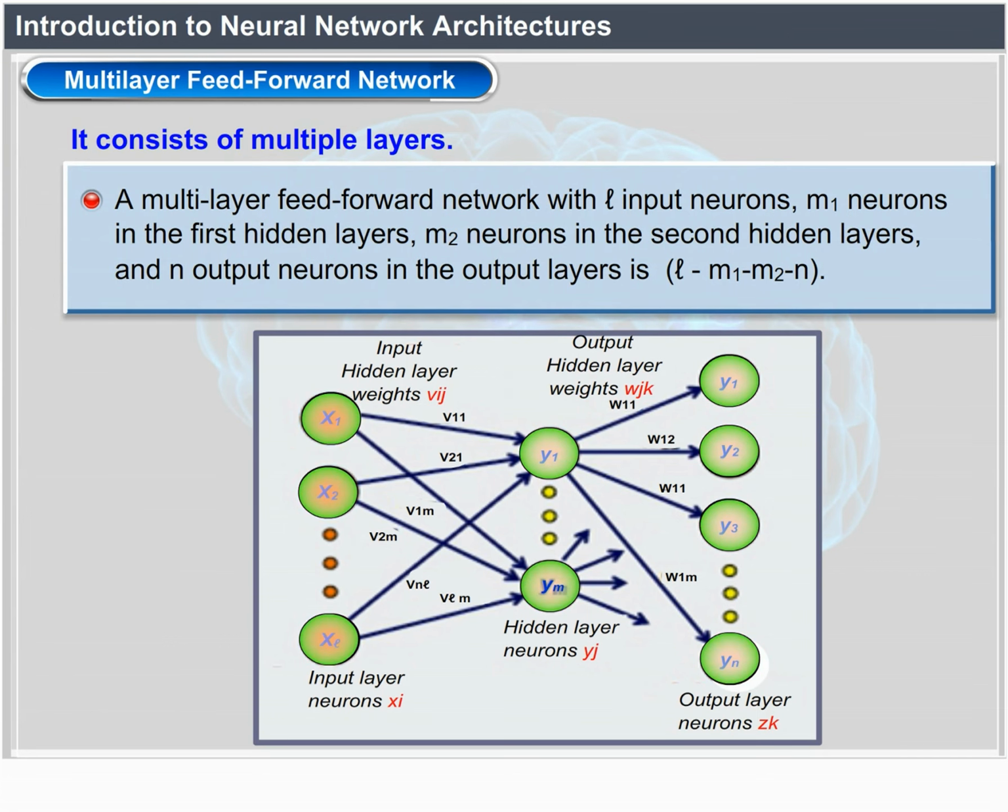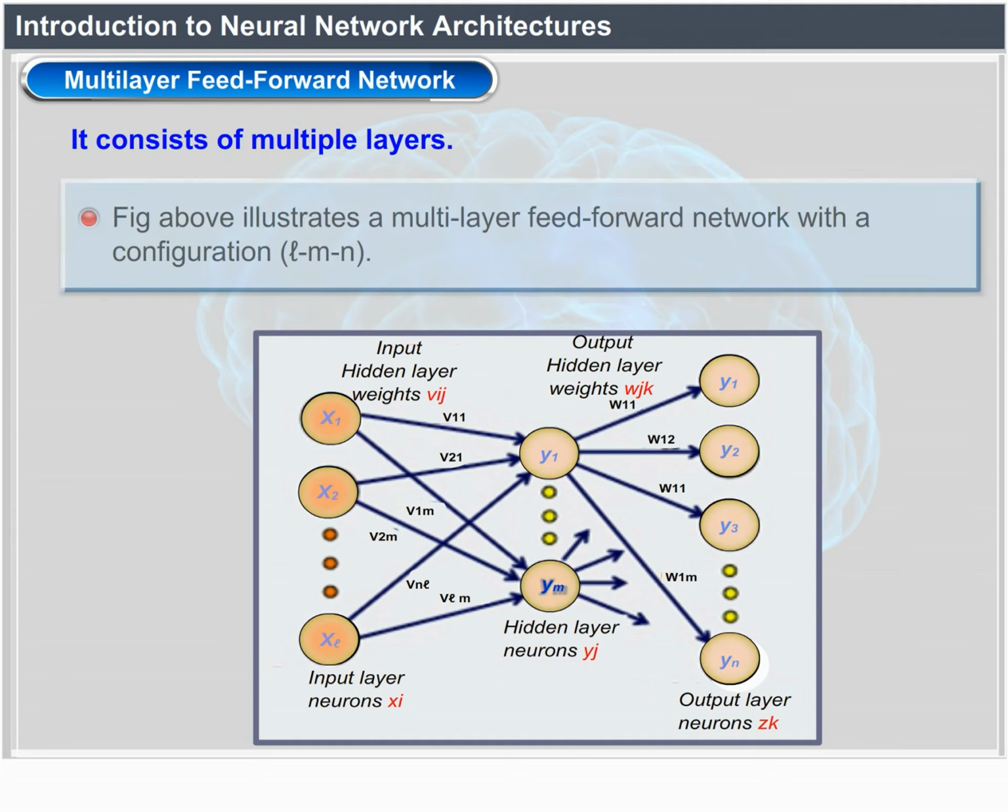A multiple layer feed-forward network with l input neurons, m1 neurons in the first hidden layer, m2 neurons in the second hidden layer, and n output neurons in the output layer is written l-m1-m2-n. The figure above illustrates a multi-layer feed-forward network with the configuration l-m-n.